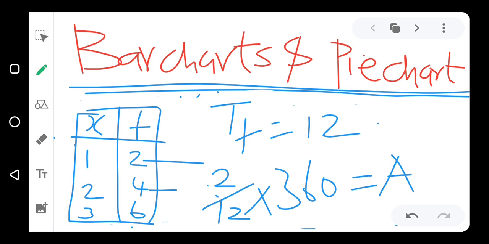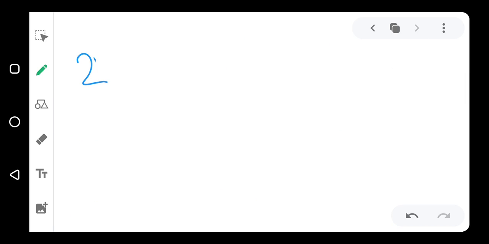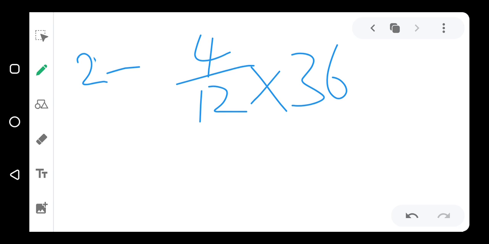The frequency of 2 is 4. So we now say 4 over the total frequency, which is 12, times 360. Let us assume that when we multiply this, it gives us B. You have to calculate it to find the actual value.